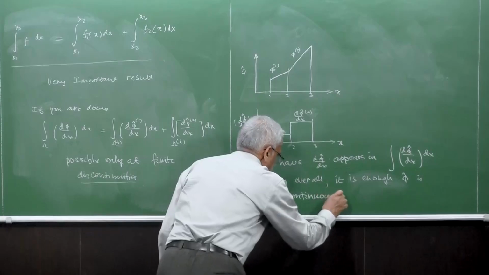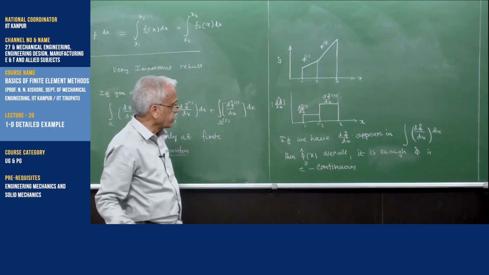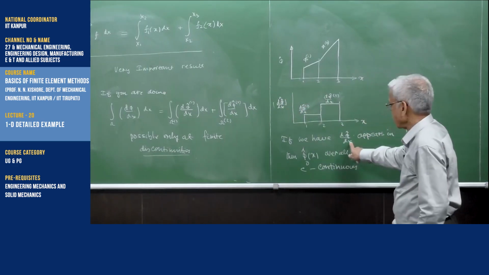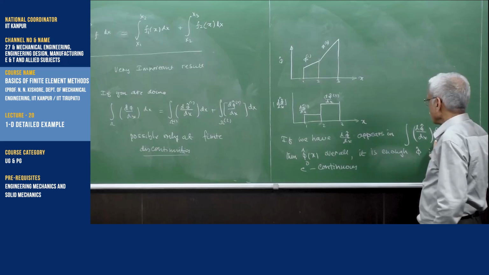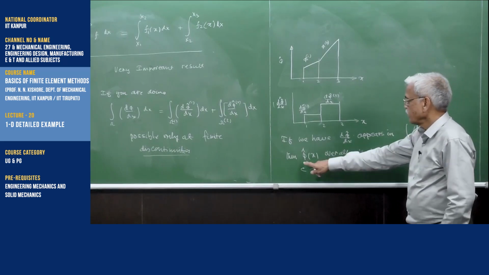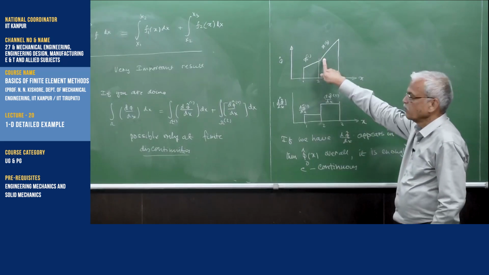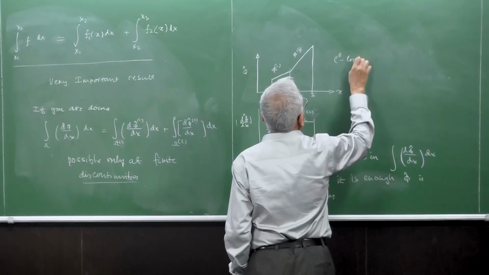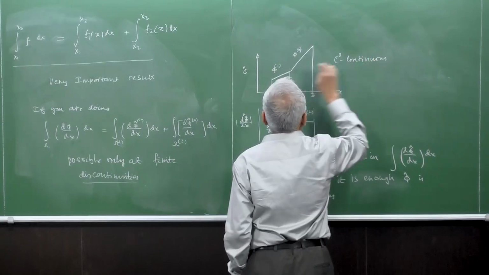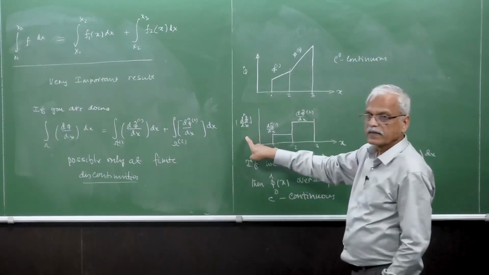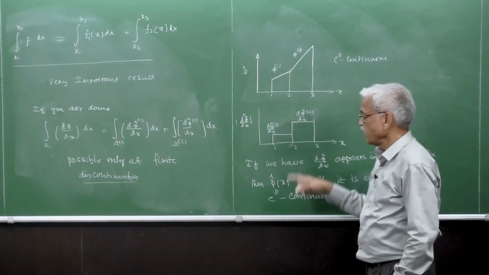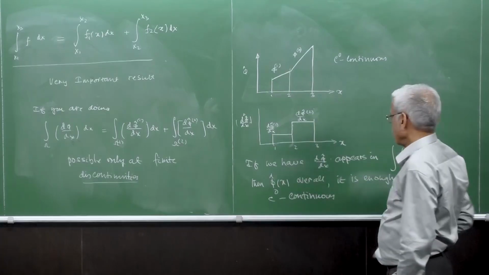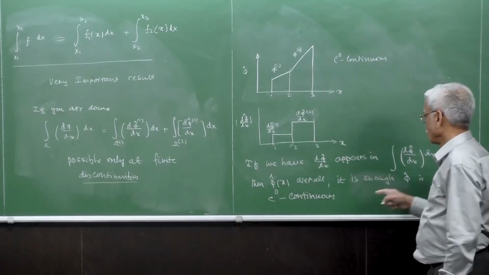This is a very, very important result. C0 continuous means the function is just continuous, but the derivative may have a finite discontinuity. That's important. So finite discontinuities are allowed as per the mathematics, the Sobolev space theory.